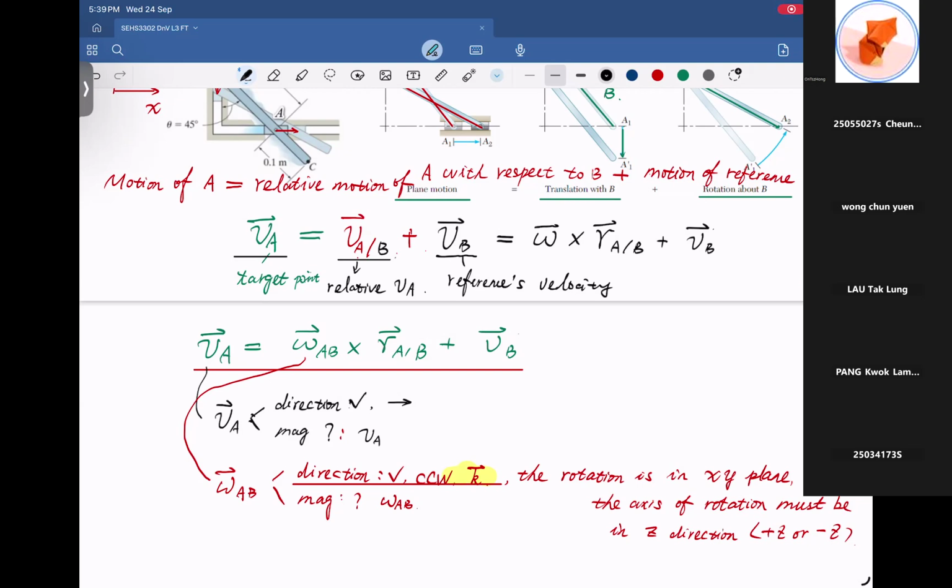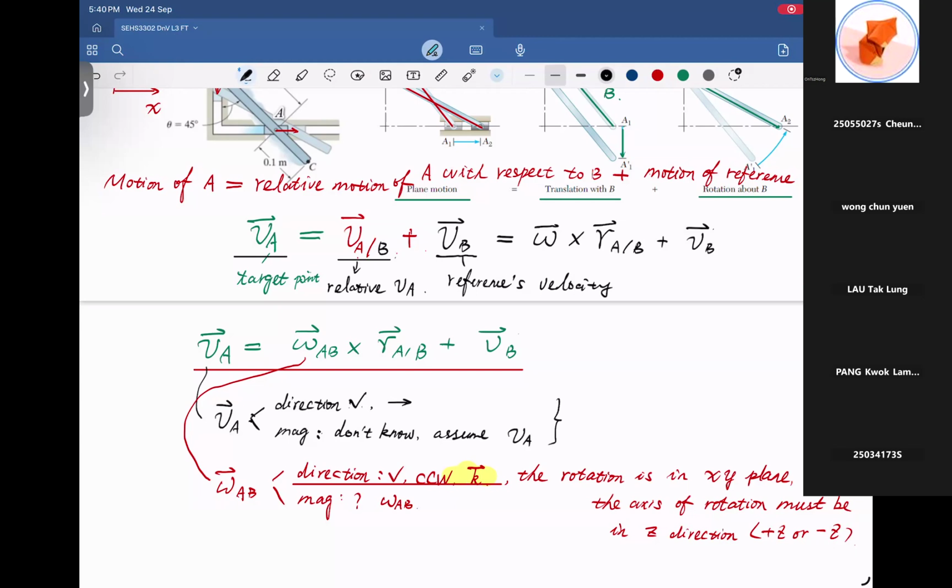Now, for VA, we know the direction, but we can assume the magnitude is VA. I just use text in case some of you are absent from the lecture. Magnitude, we don't know. Assume it is VA, taking VA as the magnitude.